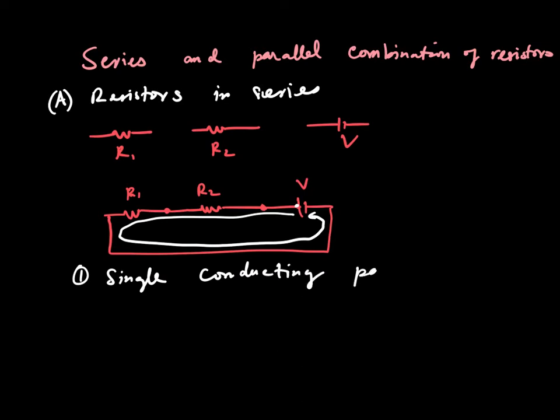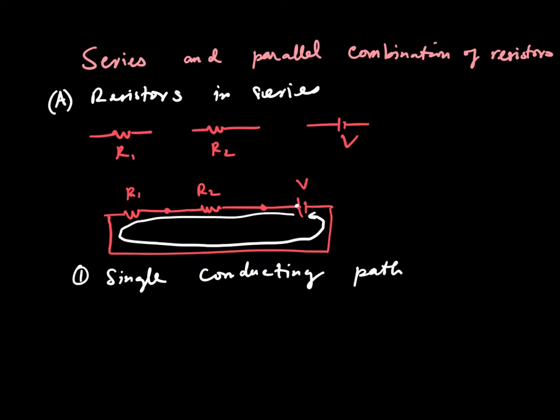That means if one of the elements in the circuit is broken, then the whole circuit becomes dysfunctional because we have just a single path. So think of a road, let's say driving on a road that has no exits.